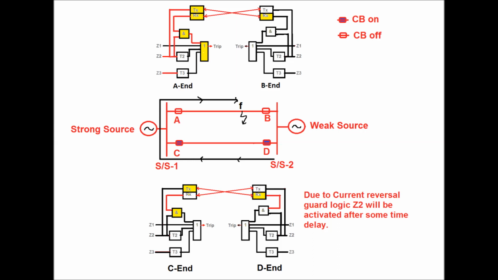So due to activation of the current reversal guard logic, due to current reversal for tripping of one of the circuits at zone 1 time, this healthy feeder tripping can be avoided. So this is how, in case of current reversal guard logic in POTT scheme, the healthy feeder tripping can be avoided where one of the substations is connected with a strong source and the other substation is connected with a weak source.